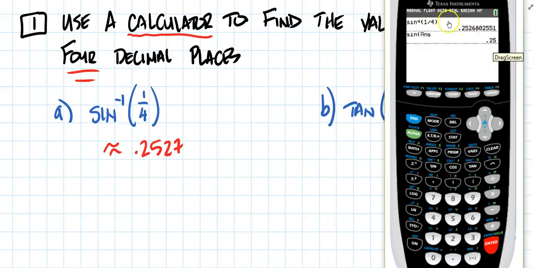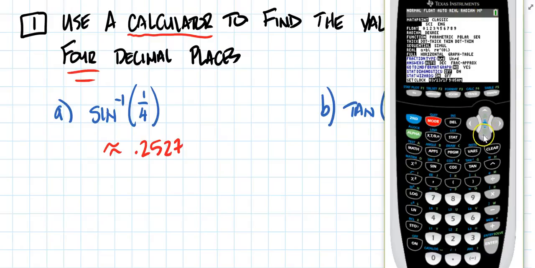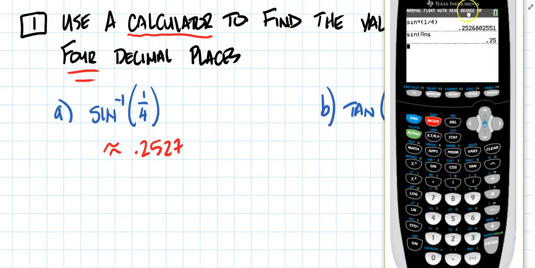Now, what would happen if you did this in degree mode? Let me show you. If I go back to mode and go to degree mode, push enter, second quit, now my calculator says I'm in degree mode. If I take the inverse sine of 1 divided by 4, this is going to give me a degree measure. So I'm going to have 14.47 degrees.